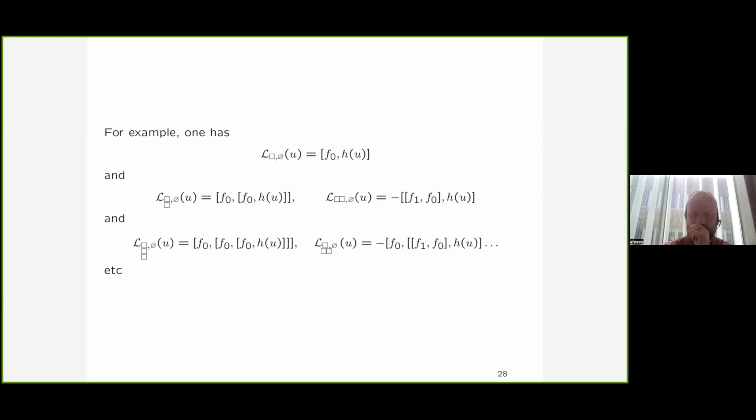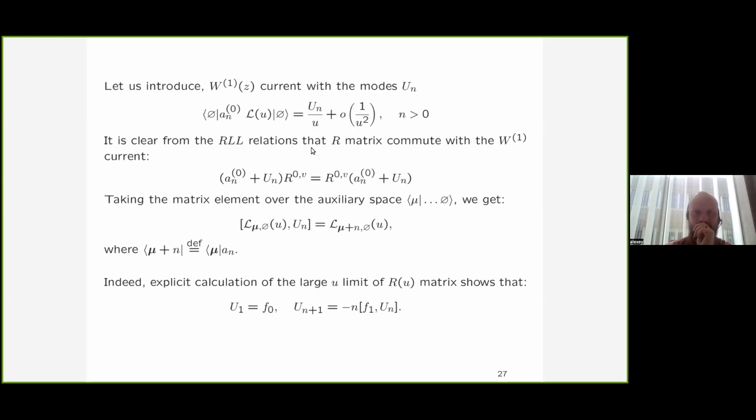But let me still explain where it comes from. So from the definition, let me define the U1 current, U n. Just by definition, it's an action. It's a matrix element of my Lax operator between the ket vacuum and some excited state.